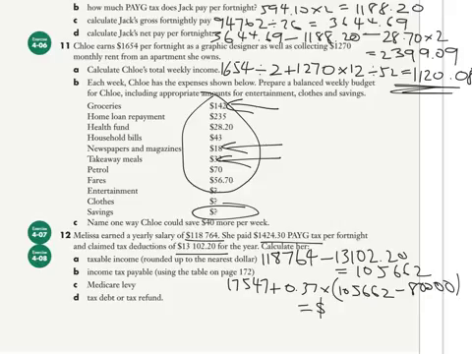Put that in our calculator, and we get $27,041.94. Her Medicare levy, unless stated, is 1.5% of her taxable income, which was the 105,662, which gets us $1,584.93.